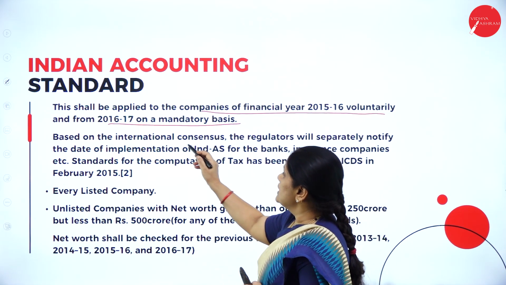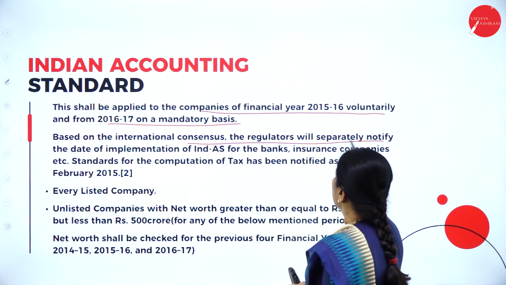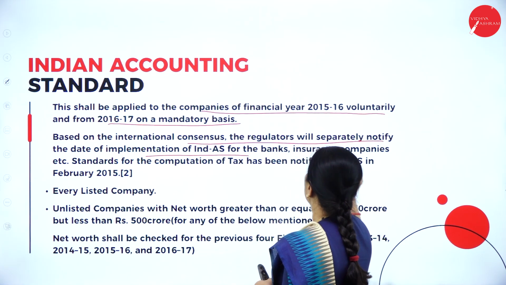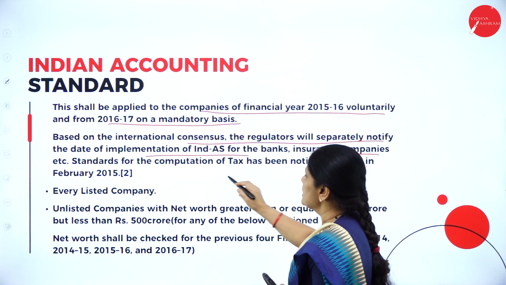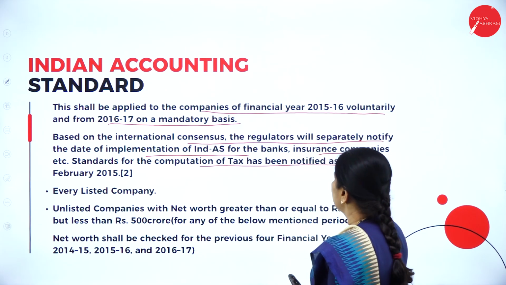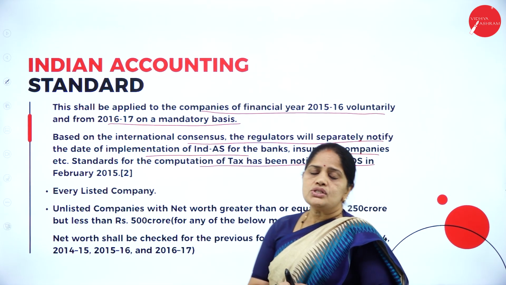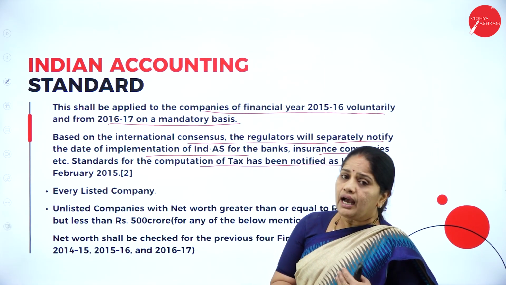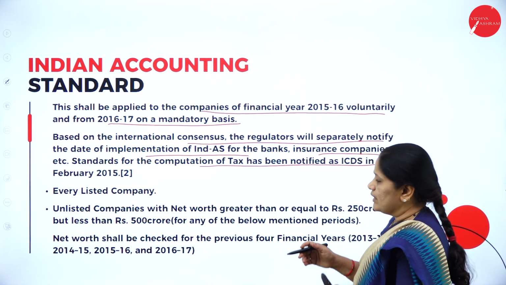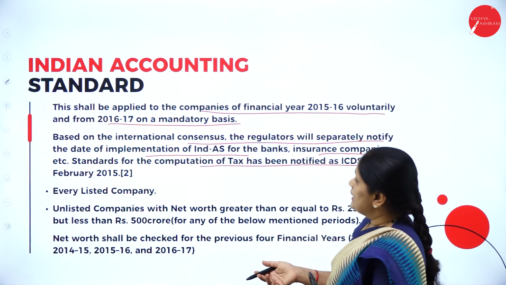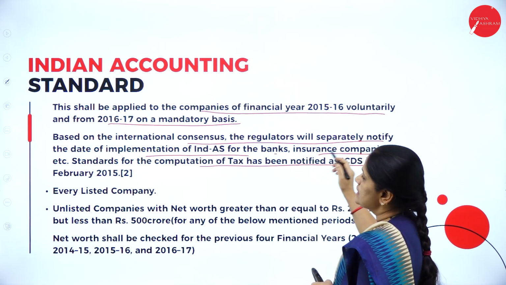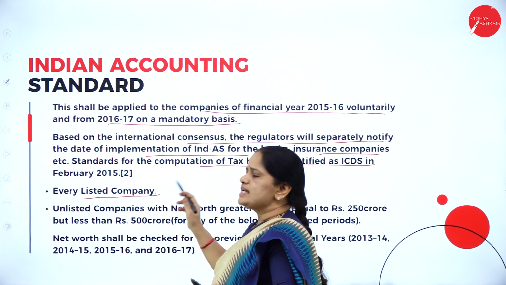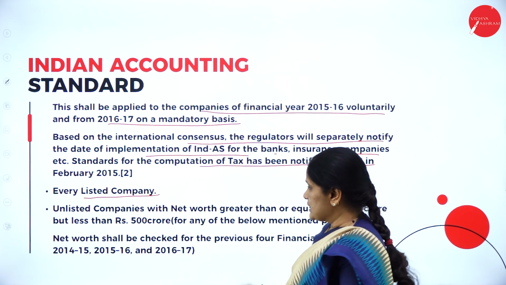Based on the international consensus, the regulators will separately notify the date of implementation for the banks, insurance companies, and standards for computation of tax have been notified. And every listed company has to follow the Indian accounting standards.